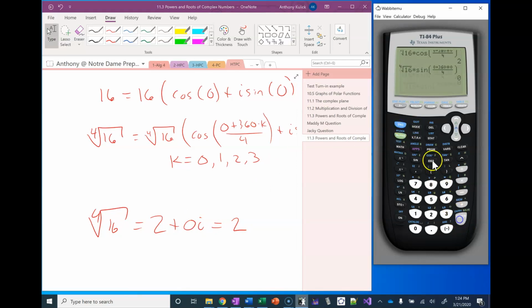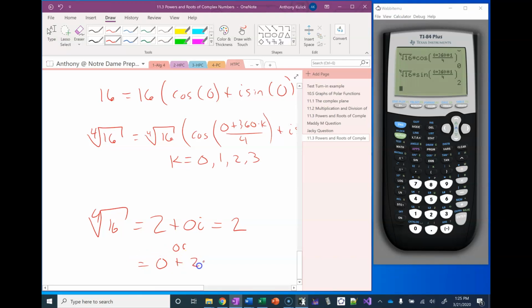Go back and do the same thing. I'll press second and enter twice to get the cosine back up there, and then I'll change that 360 times 0 to 360 times 1. There I get a 0. Press second and enter. Go back and change the cosine into a sine. And there I get 2. There I get 2i.